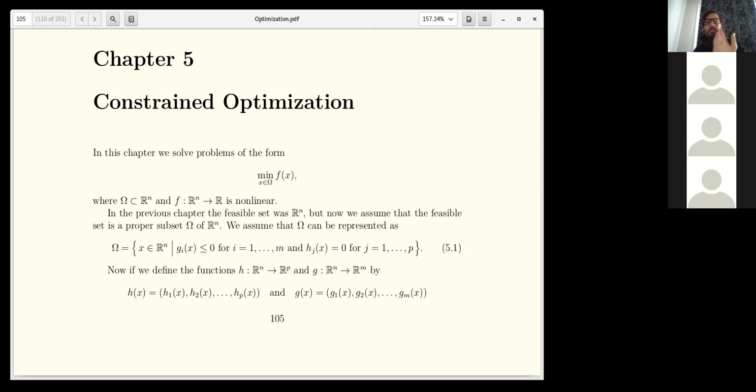And then if we take these h_j functions, in the two-dimensional case, usually when h of x is 0, it draws some sort of line.